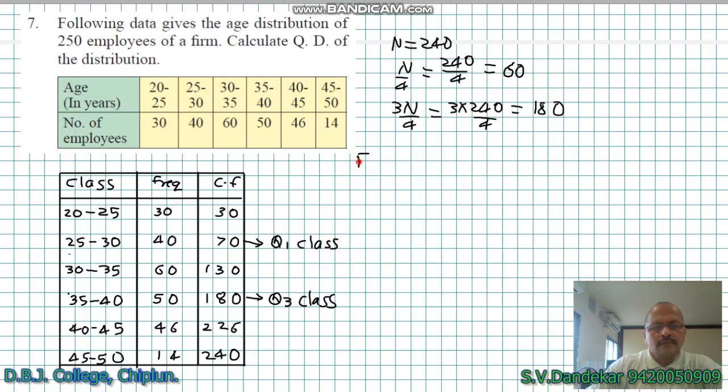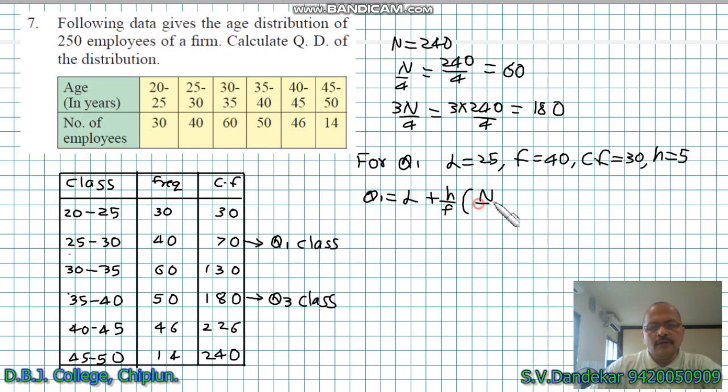For Q1, L, the lower limit is 25, F frequency is 40, CF cumulative frequency of previous class is 30, H the class width is 5. So Q1 is equal to L plus H by F into (N by 4 minus CF).